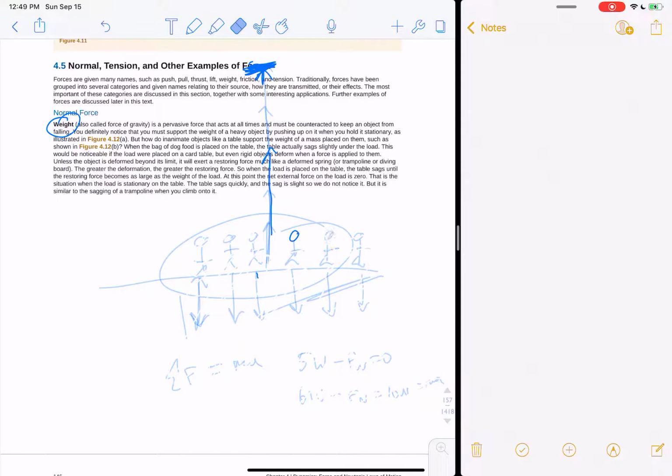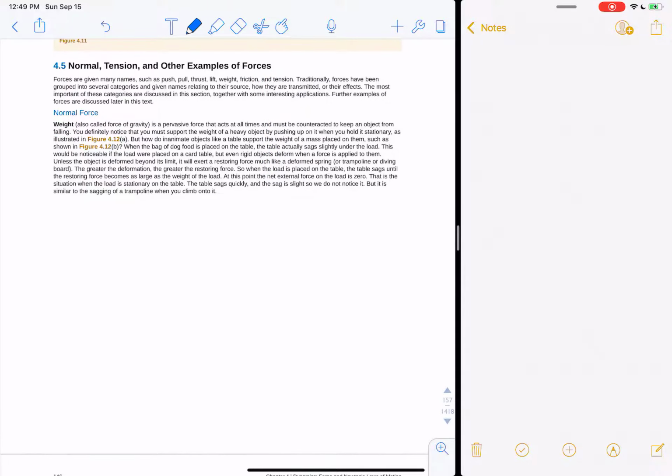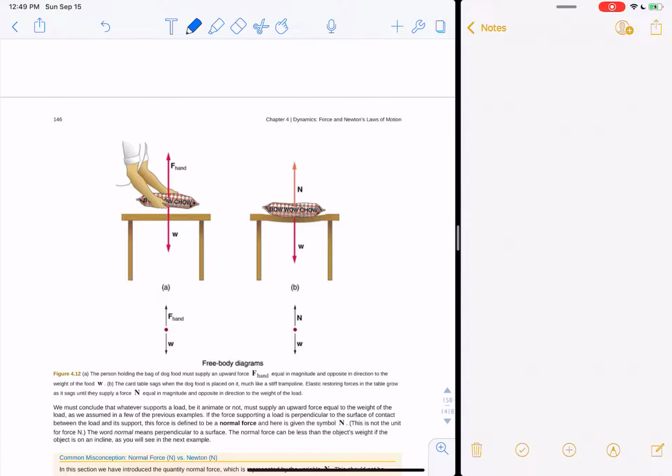The normal force is just whatever is supporting you from falling through a table. So here's an example with Bow Wow Chow. Before you set it on the table, you're applying a force, and there's the weight of the Bow Wow Chow.